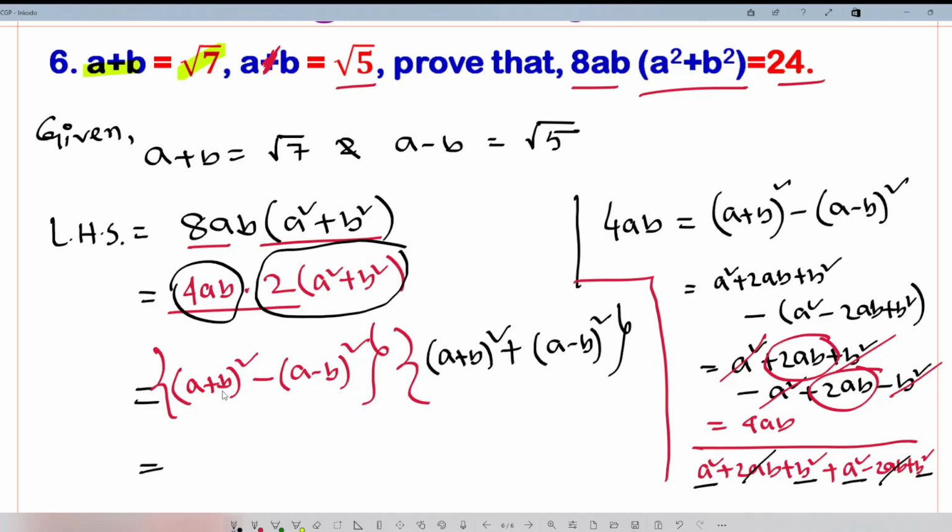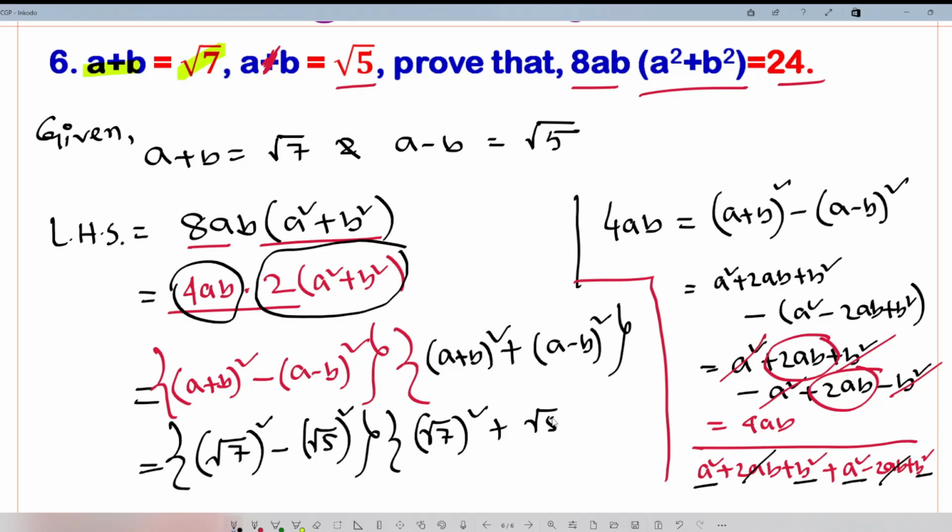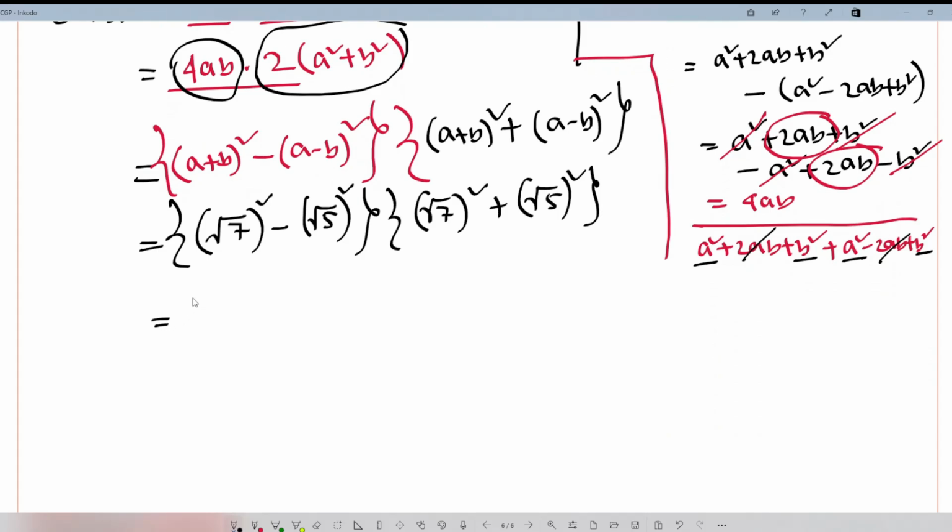Now look, a plus b means root 7, minus a minus b means root 5, square, right? Again root 7 square plus root 5 square. Now look, root 7 square means only 7, root 5 square means only 5.